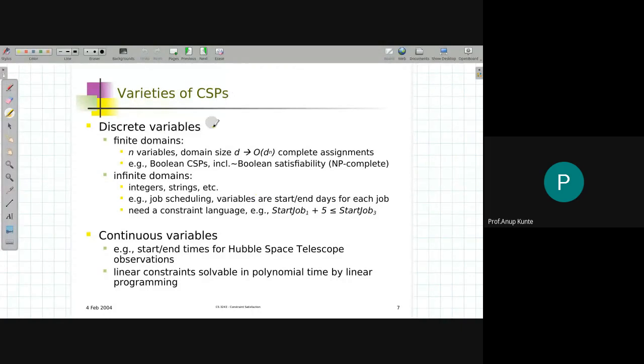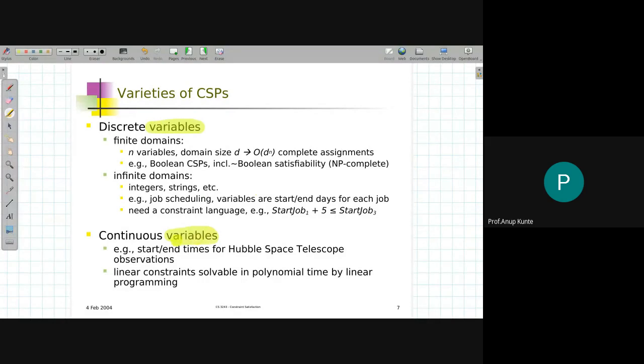Okay. So what are the different varieties of CSP? To classify different CSPs, we define them based on different types of constraints as well as different types of variables. For certain CSPs, variables may be discrete or continuous.